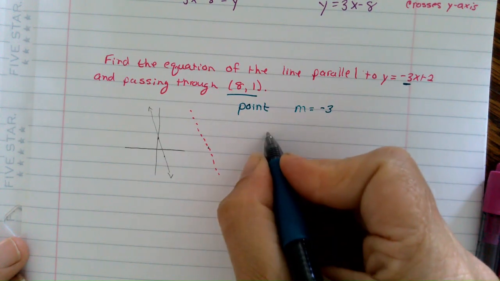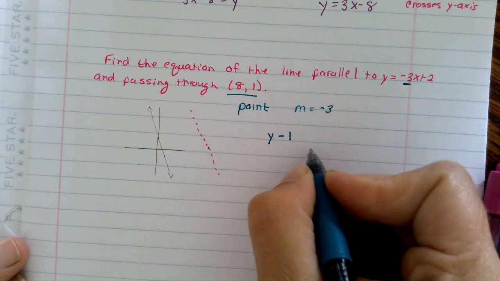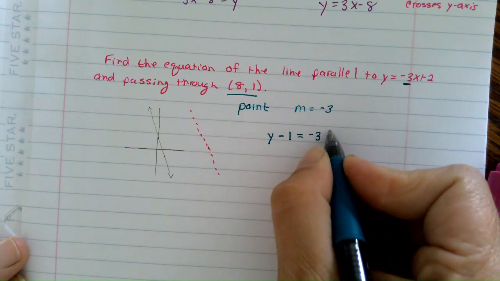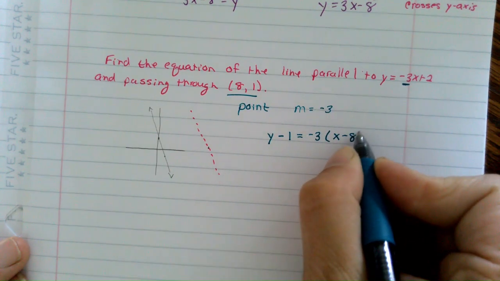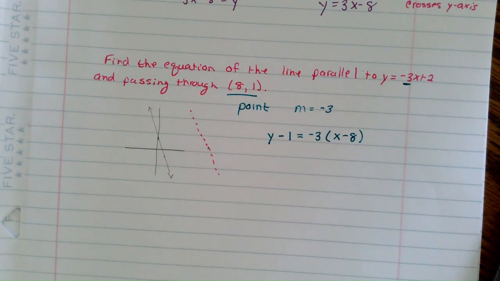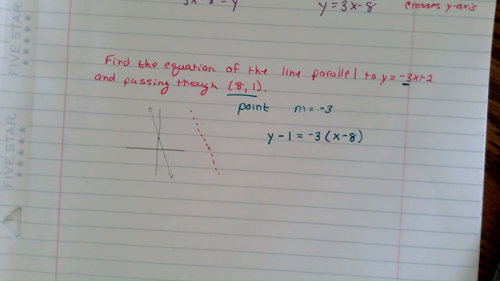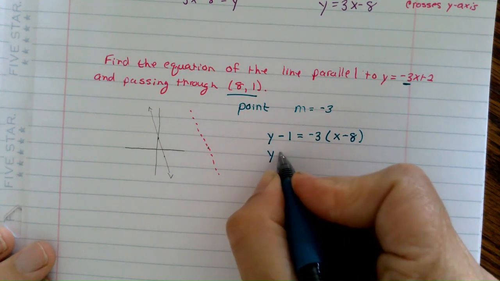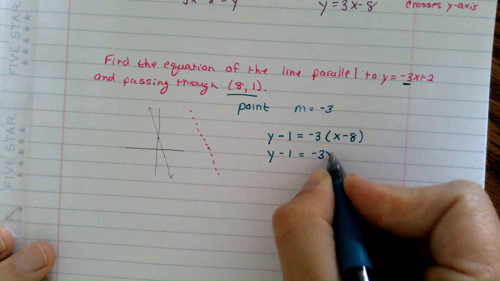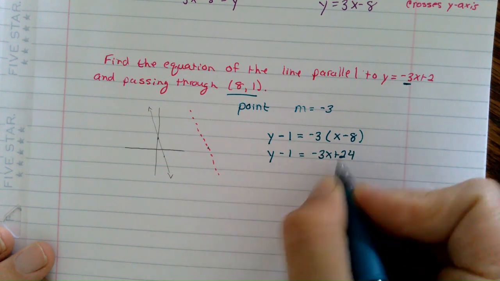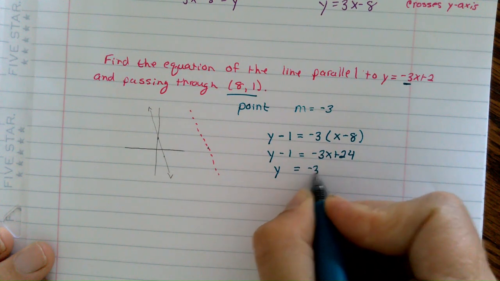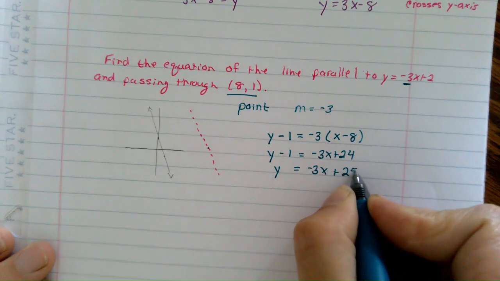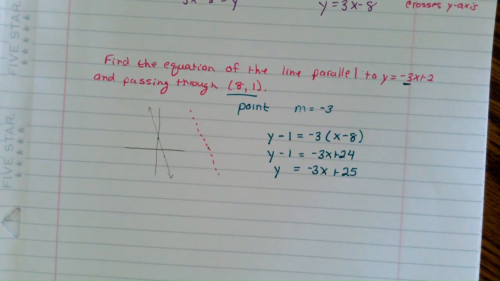And now I'm going to go y minus my y value equals my slope, x minus my x value, right into point-slope form. The y goes with the y, the x goes with the x. The slope is your distributor. Okay, then we're just going to practice a little bit of algebra. We're going to distribute and get y by itself. So y minus 1 equals negative 3x plus 24. So when I add the 1 over, whew, I'm glad I did not graph this one. I don't want to go up 25 squares, do you?